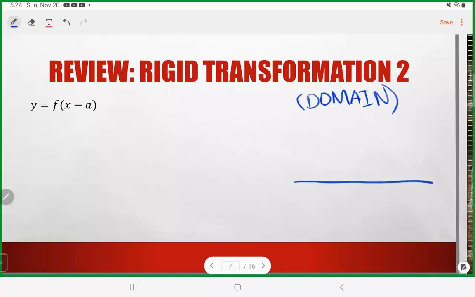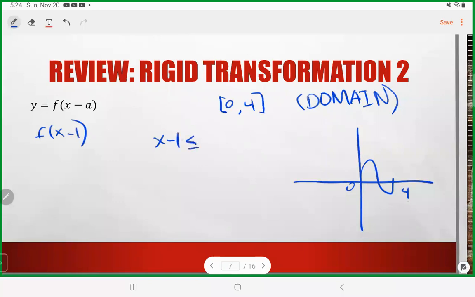So this is our example graph here from 0 to 4. So the domain is 0 to 4. And let's say we had f(x minus 1). What you got to do is take the stuff in the parentheses and put that in the domain. Then you can finally see the effects on the domain. You solve for x here, and this new domain would be 1 to 5.